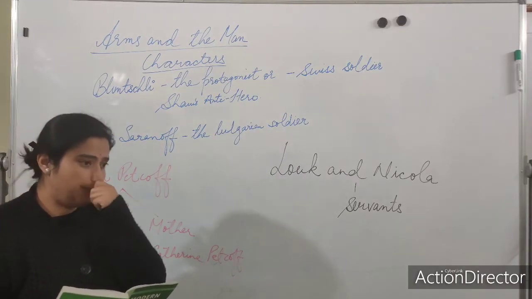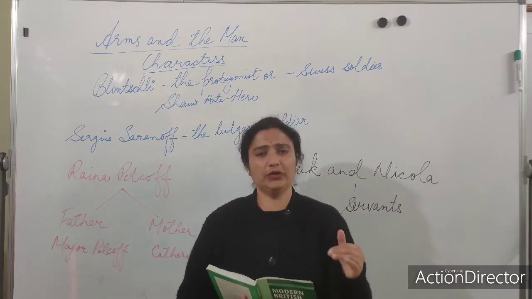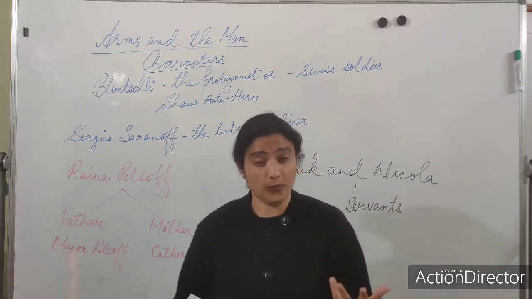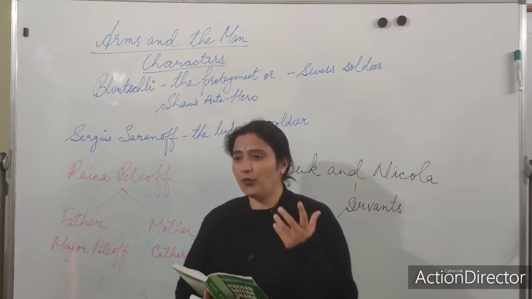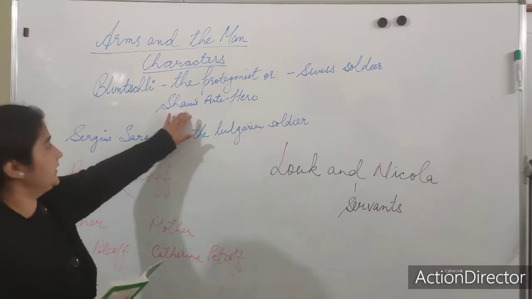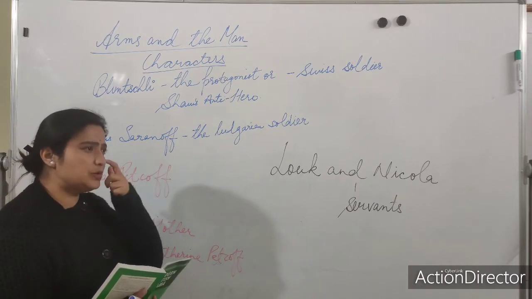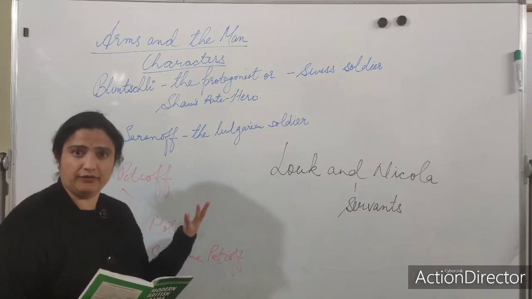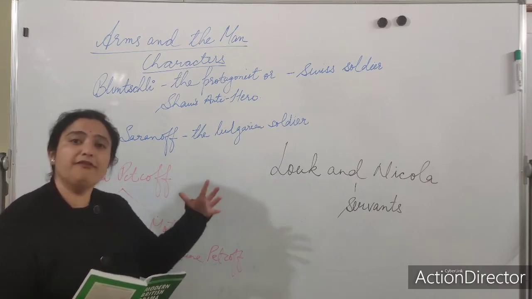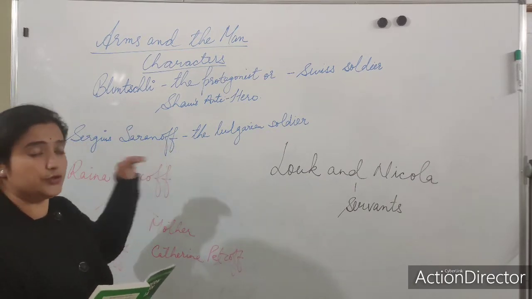Now since I have talked to you about realism of Shaw, he has in a way broken all the notions of what real romance is about, what a real lover is all about, and what a real hero is all about. That is why it is said that Bluntschli is Shaw's anti-hero. He doesn't possess those qualities that a hero has to have, right? He is very natural, very real, and there is nothing fake about him, right? And he is a Swiss soldier, right?